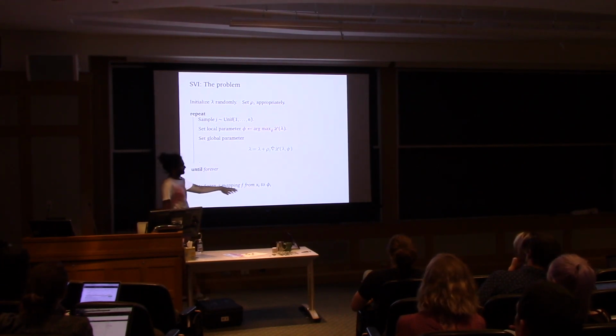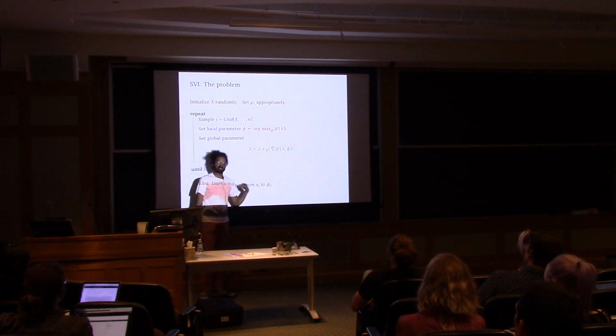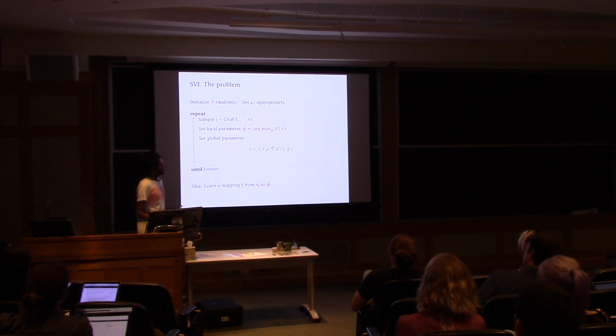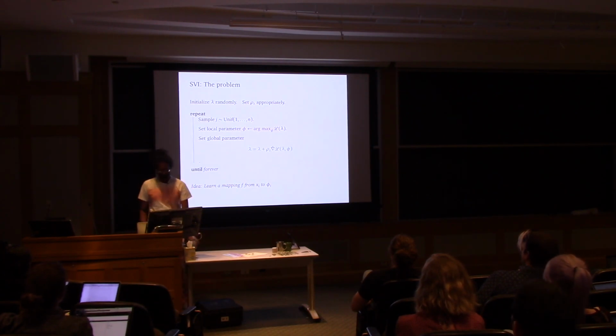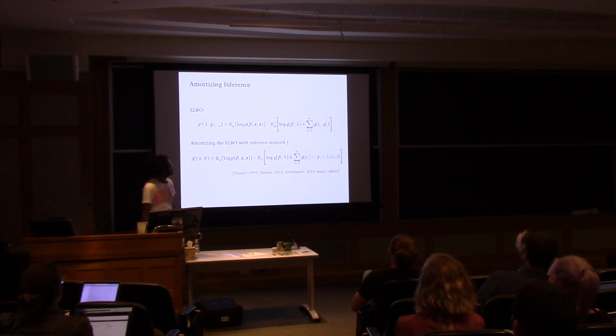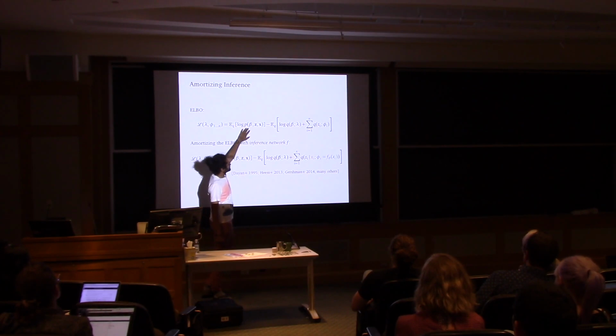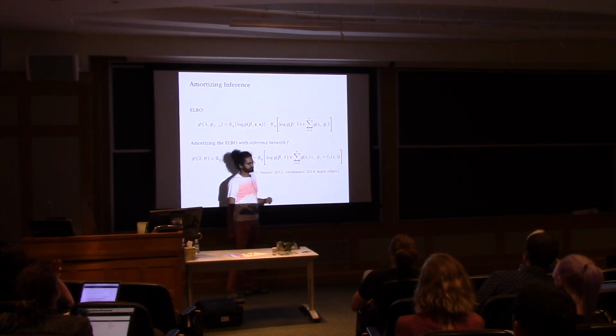The solution to this is going to be learning a mapping, which we'll call arbitrarily f, from each data point to its optimal approximation. So instead of just learning the model, you're also learning how to do inference. What that means functionally is this is just my evidence lower bound, where I have a model term and an approximation term.